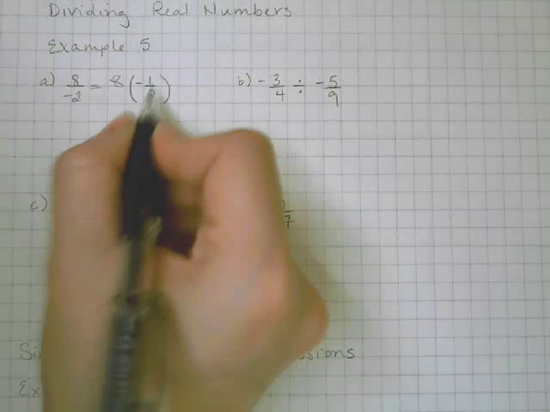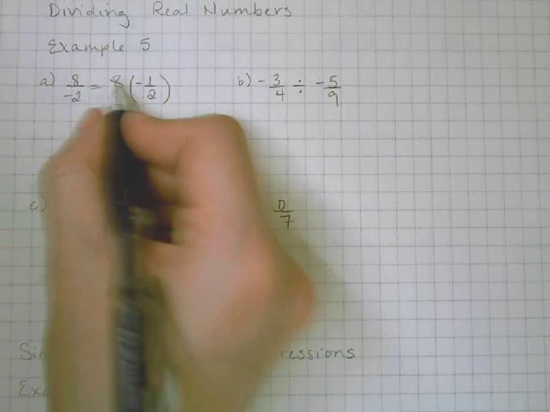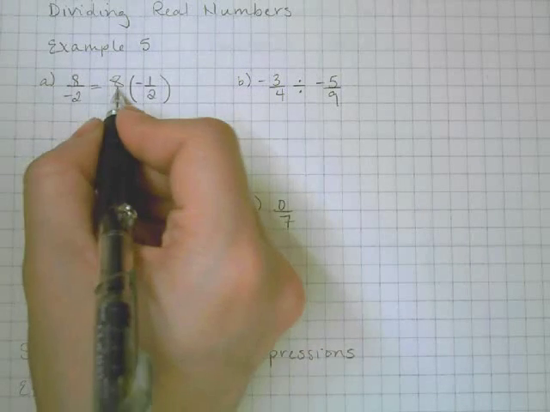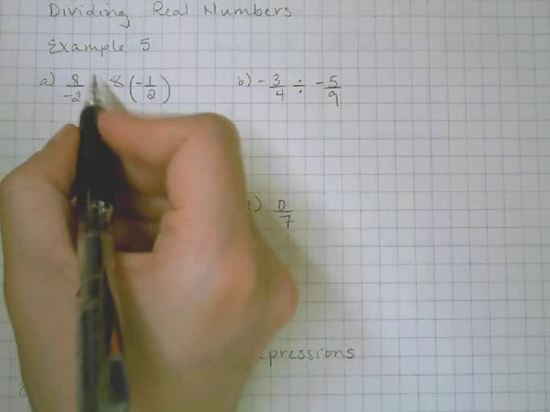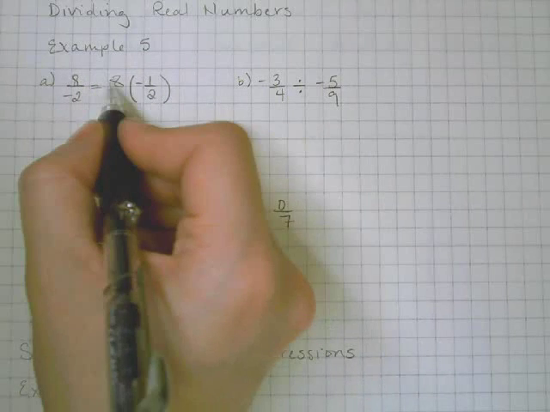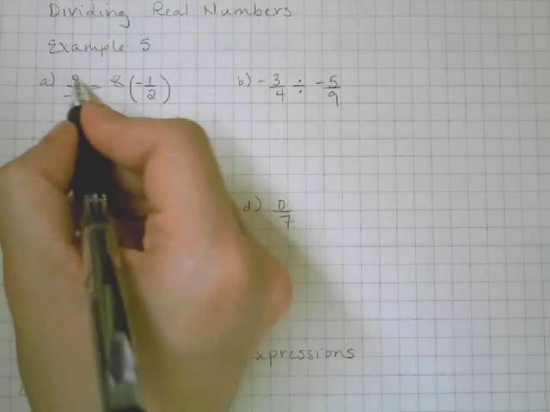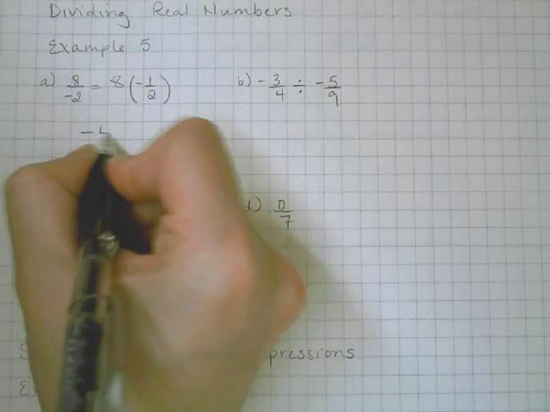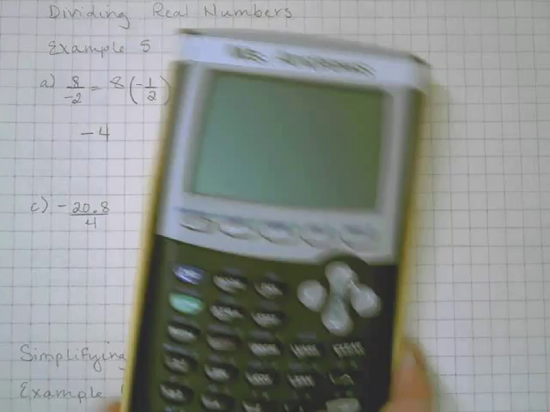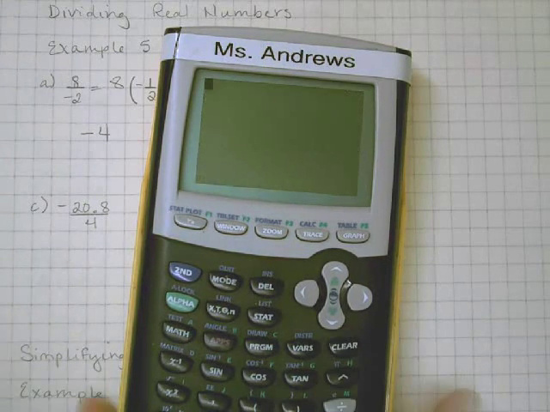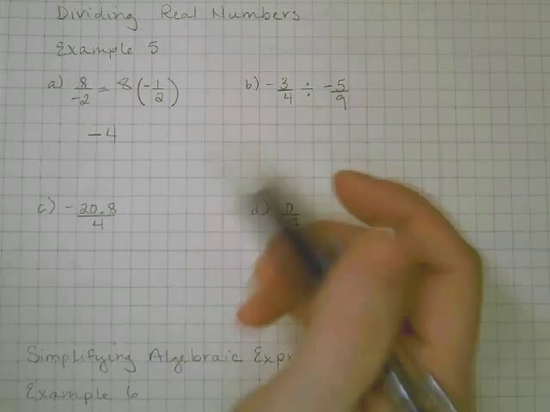So I can think of this both ways. 8 divided by 2, or 8 times 1/2. We know my answer is going to be negative, and 8 divided by 2 is 4. And I can always just check that on my calculator. And I know that my answer is going to be negative.